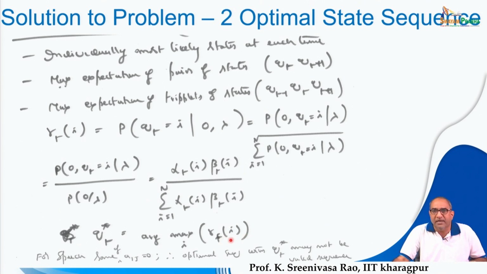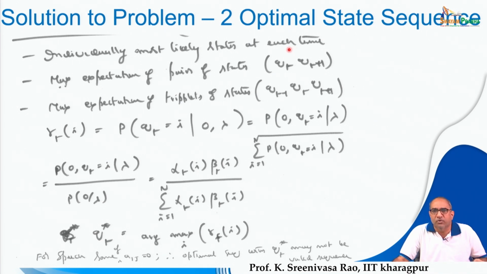Here gamma t of i is the probability of the system being in state i, and if you compute all these probabilities for i equals 1 to n, the q t star is the best state, the maximum probable state out of n states at time t. If you perform this for every time instant, then that particular sequence is the sequence of maximum likely states at each time.